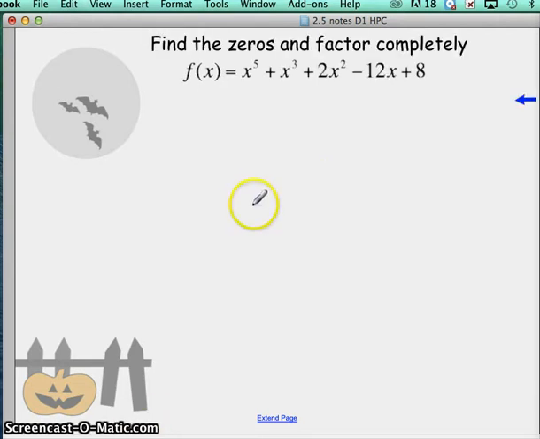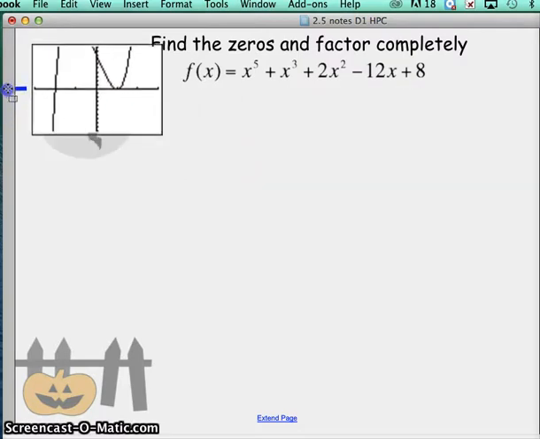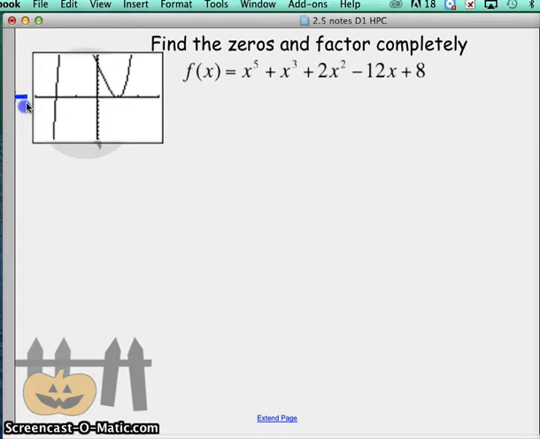Okay, now if we have a problem like this, it's a huge polynomial. We're supposed to find the zeros and factor completely, but we're not given anything. So the only thing you can do is graph it first and look at the real solutions. Okay, so I see that it crosses at -2, and then something happens at 1.